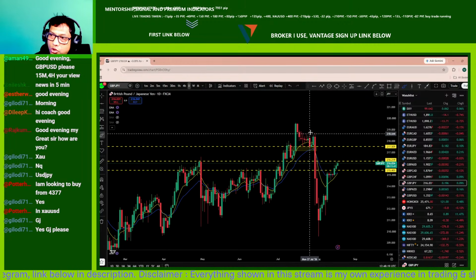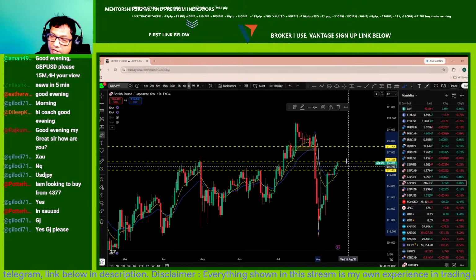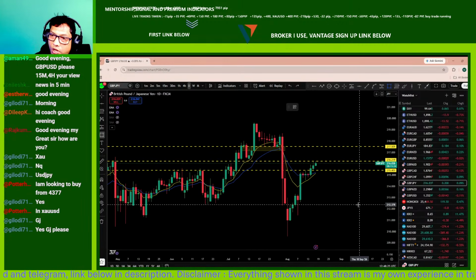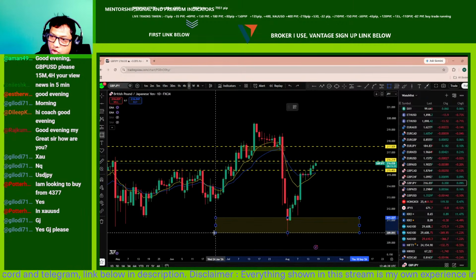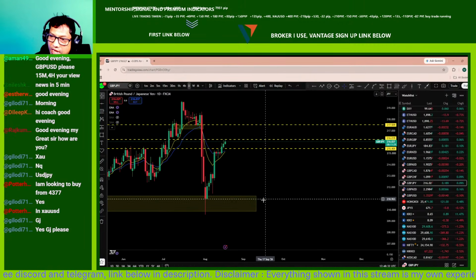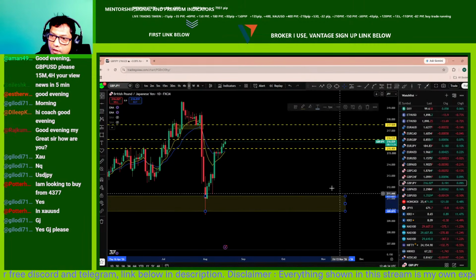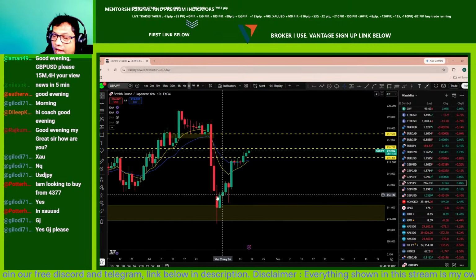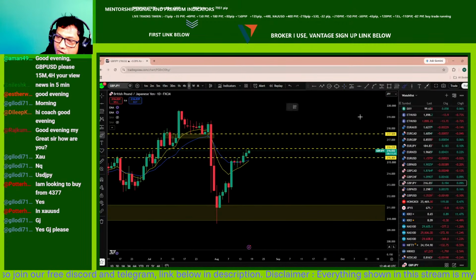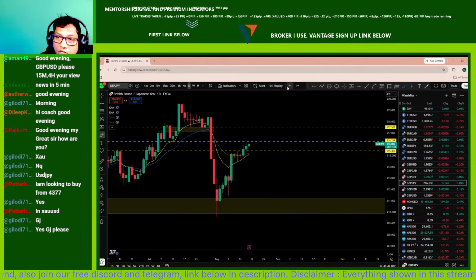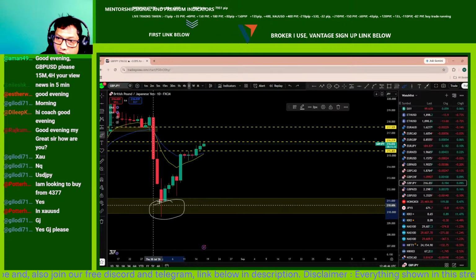And also you saw that GJ had a complete breakup structure here, along this area. And with this complete breakup structure, there is a strong liquidity sweep in that area.